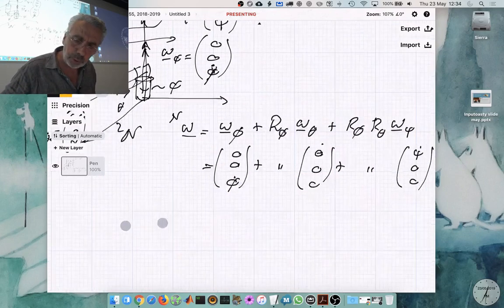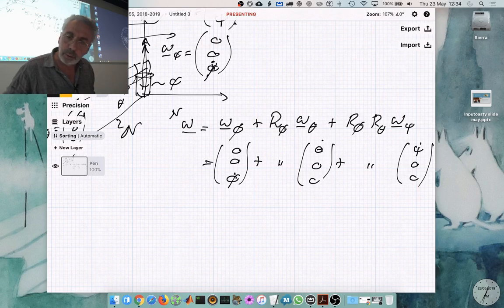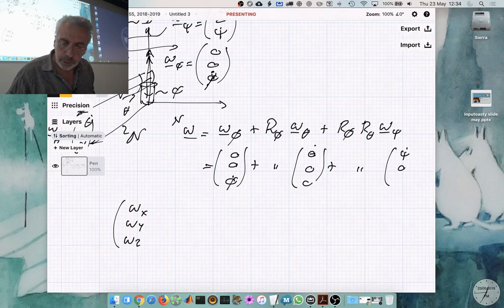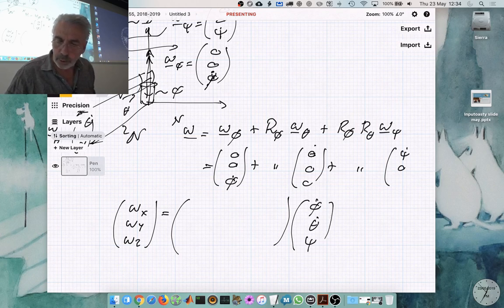Now the outcome is of course super interesting, so let me write down what the final result is. Then omega x, omega y, omega z is a matrix times, and the order I took is phi dot, theta dot, psi dot.